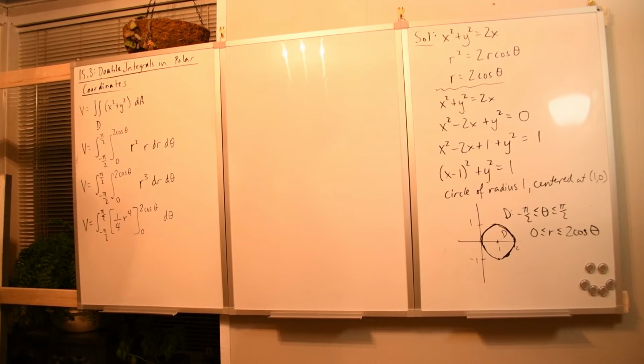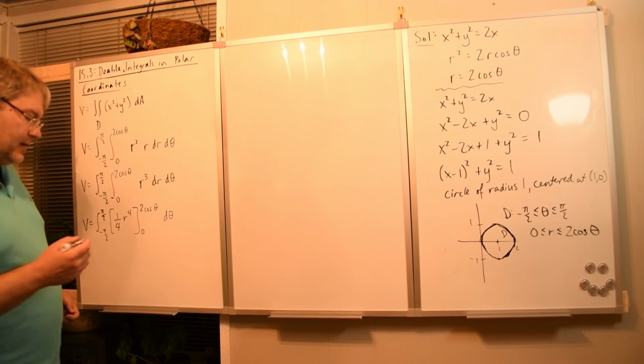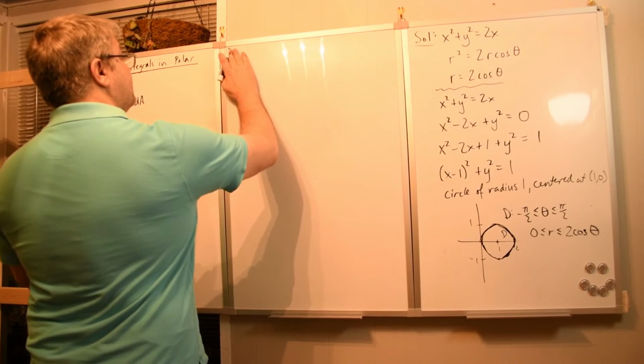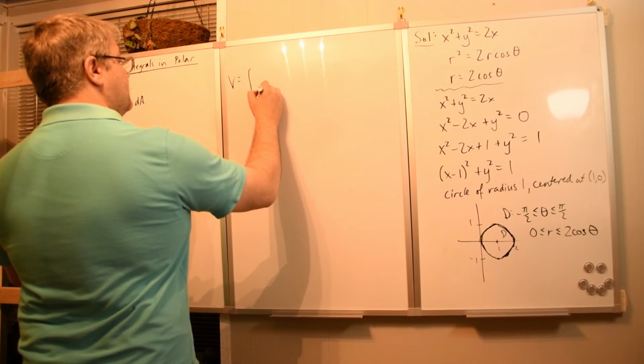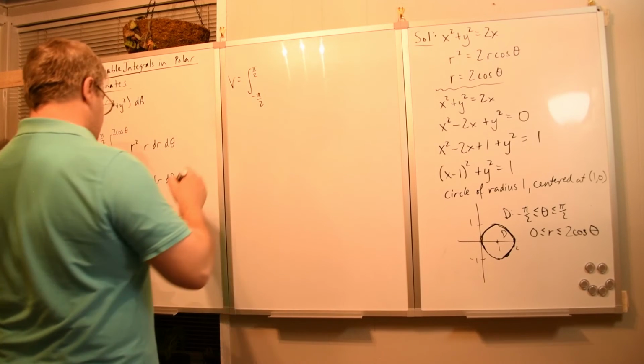Now, we plug in the 2 cosine theta for r, subtract what we get when we plug in 0 for r. And so we'll have the volume, it's integral, negative pi over 2 to positive pi over 2.